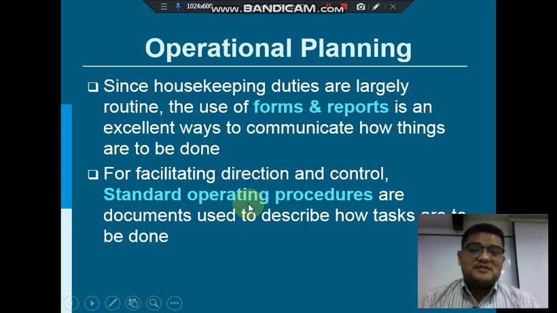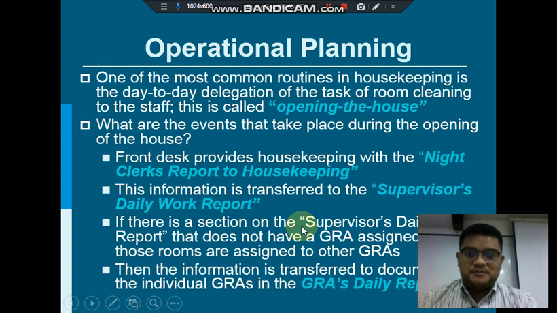What is SOPs? SOPs is the description on how tasks are to be done, the specific procedures on how to do a specific job at the specific establishment, that is very standard and everyone must follow to achieve the goals. So without wasting any more time, let me go into the chapter.